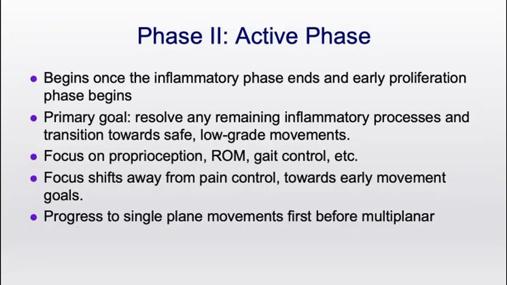So they might do passive range of motion, you might do active assisted range of motion, and you might even be getting into active range of motion as well. You can focus on improving and maximizing proprioception, range of motion, gait control, and balance. You're not going to be doing strength really in this phase, but you might be doing some endurance work. We're really shifting our focus away from just a passive strategy, pain control, towards more of a movement strategy and a rehab strategy.